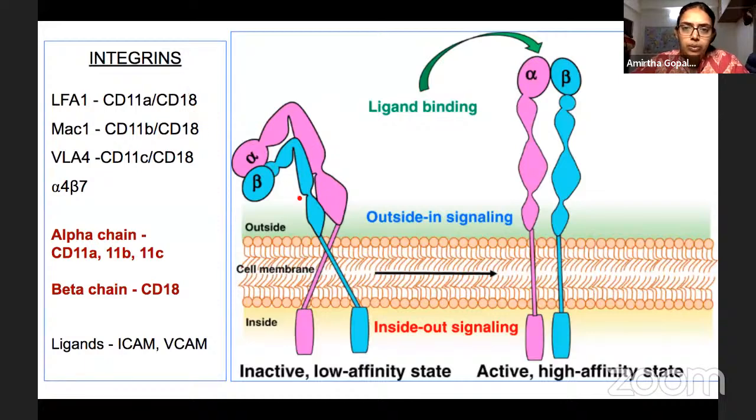Normally in a resting leukocyte, the integrin is in an inactive, low affinity state. When there is stickiness of the endothelium, the inside-out signaling of the integrin kicks in. This is mediated by a protein called kindlin. Once kindlin gets activated, the integrin becomes active and goes into a high affinity state.